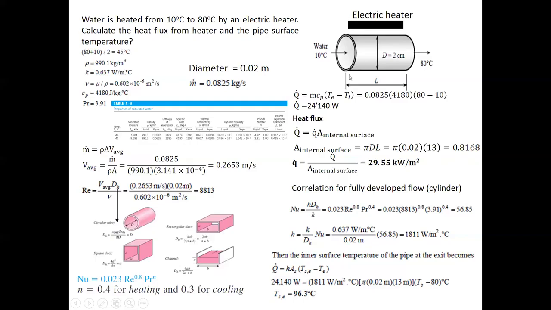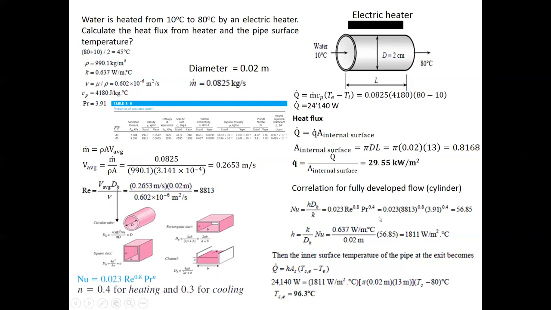This is average. So in order to find the surface temperature, we need to find the heat transfer coefficient by using this correlation, the Nusselt number correlation. Okay, so we use this one, and n equals 0.4 because of heating.